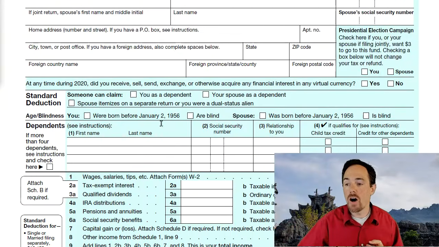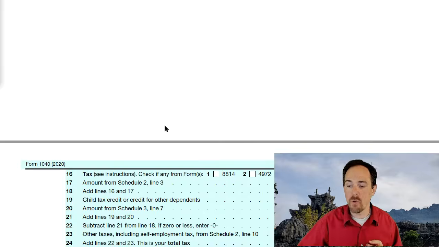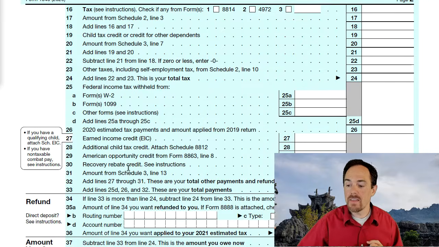Now, I want to point out where these credits are claimed on the Form 1040. So once you have filled out your 8863, on page 2 of the 1040, you'll see the amount for the American Opportunity Credit from Form 8863 on line 29. And you'll also see on the Schedule 3, I apologize, I did not call up Schedule 3 to show you, but on Schedule 3, there's a line for Education Credit.